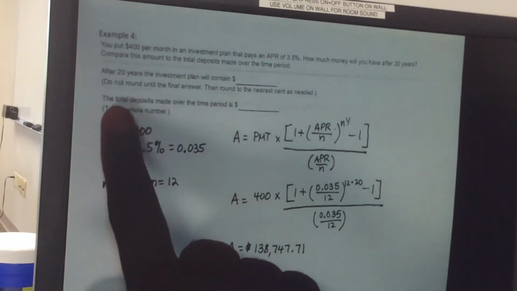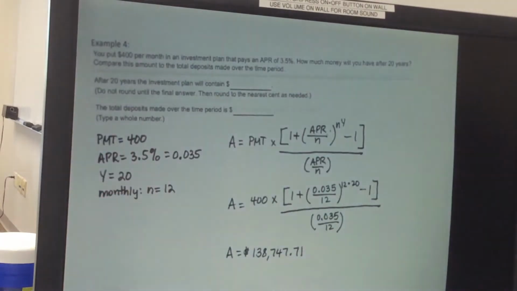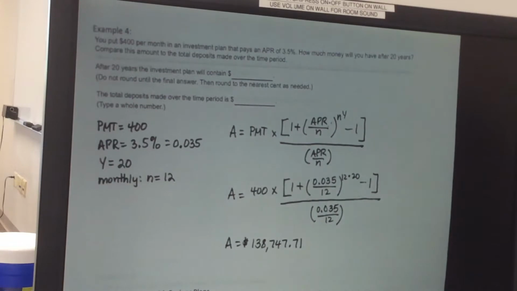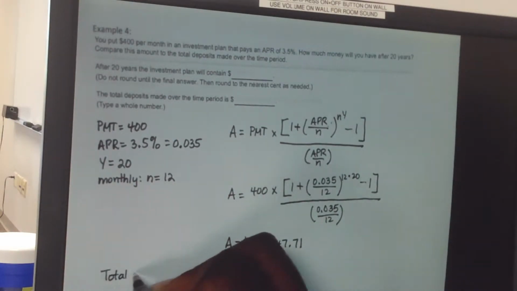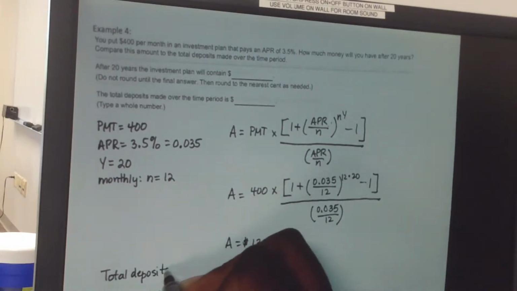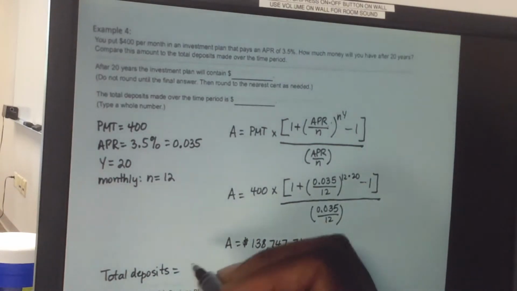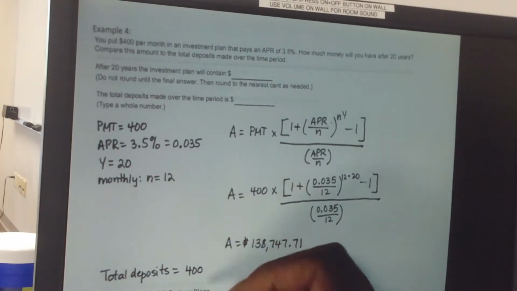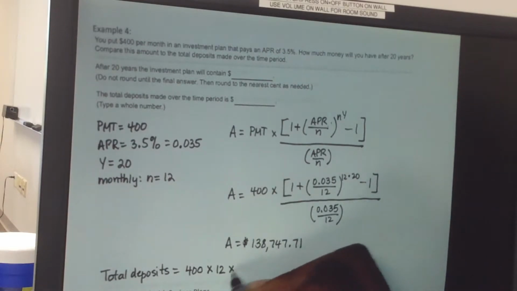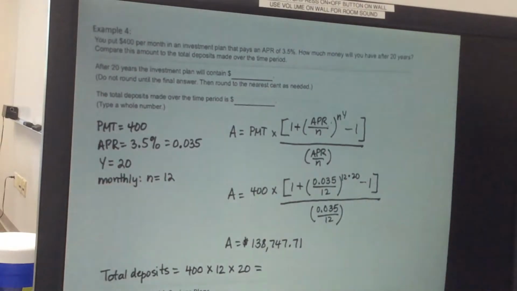And now we want the total deposits made over the time period, okay? Well, he put $400 per month for 12 months. And this is over a 20-year period.